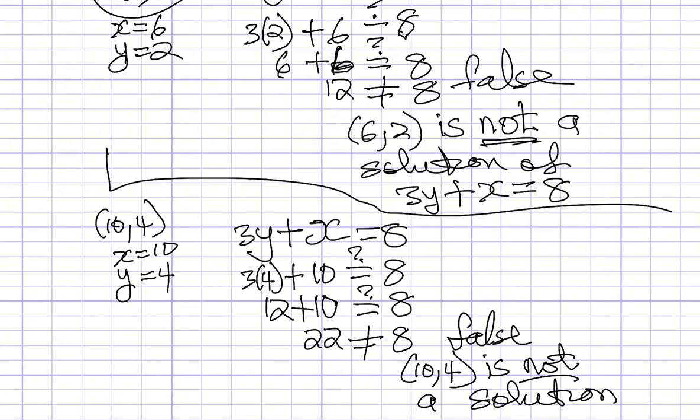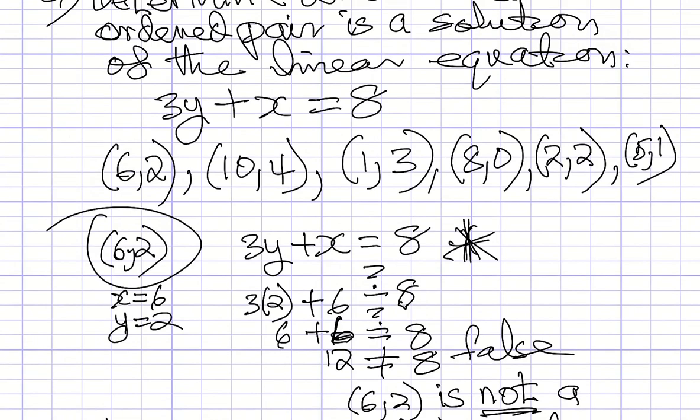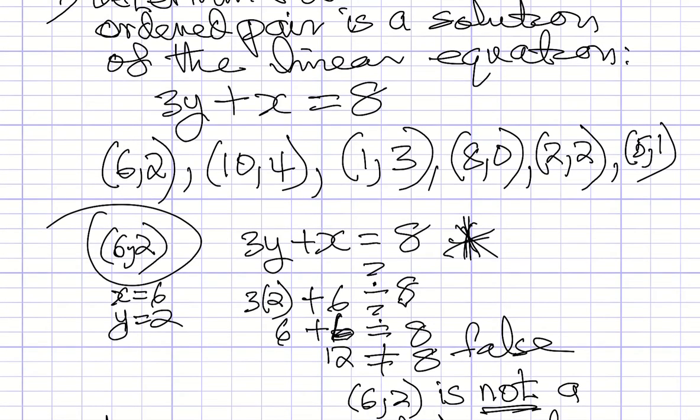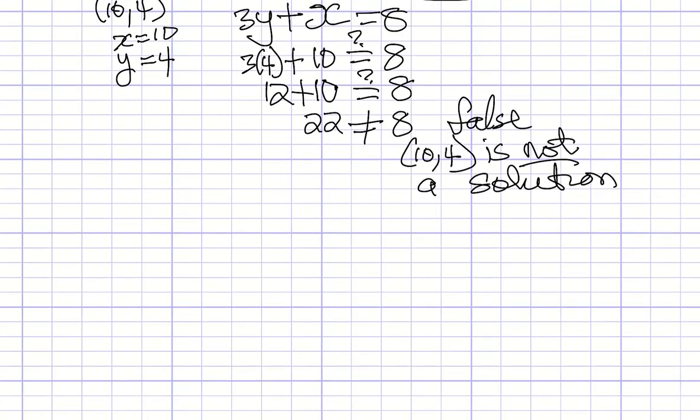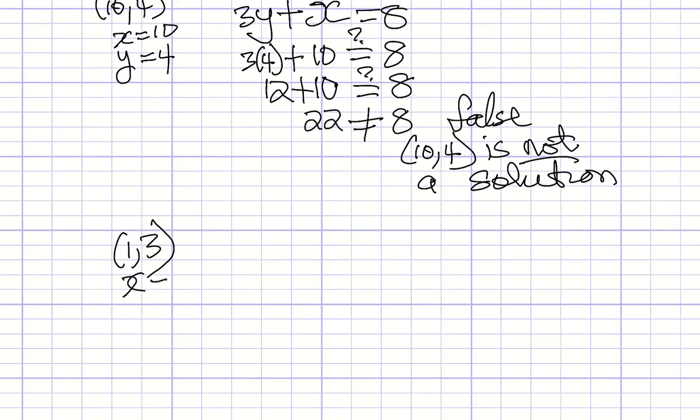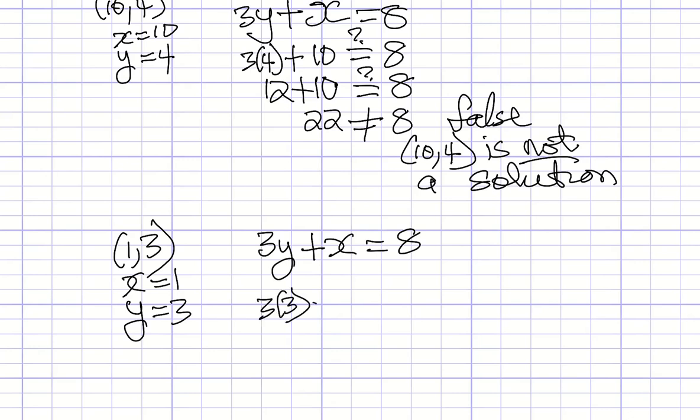So what is the next one given to us? The next one is (1, 3). So we'll try (1, 3), which means x equals 1, y equals 3. And then we'll substitute those values in the equation given. Okay, so we'll have 3 times 3 plus 1 is equal to 8.